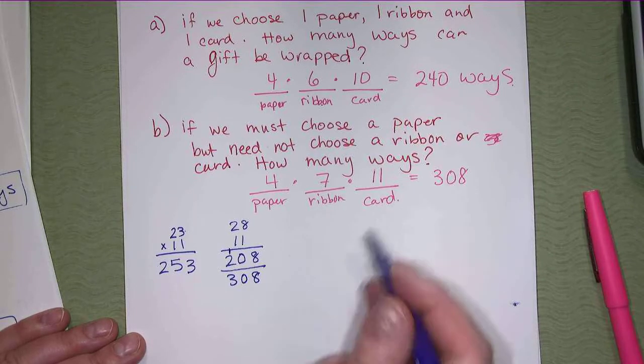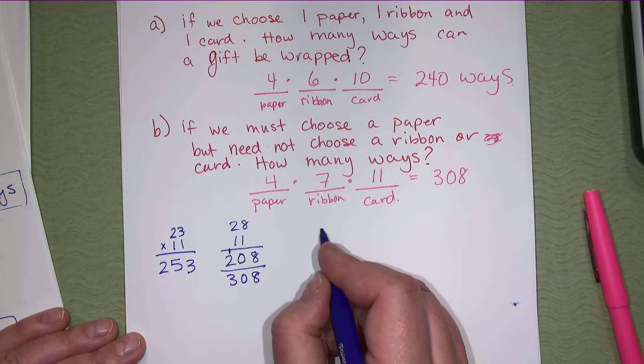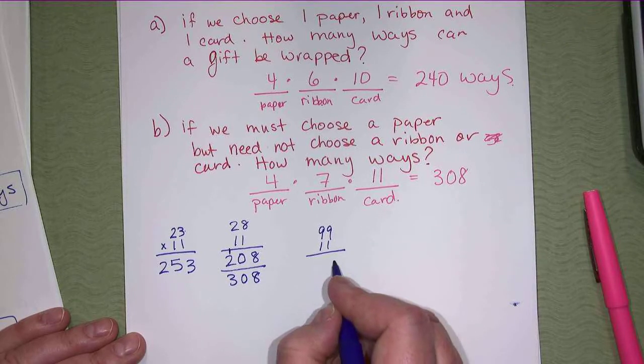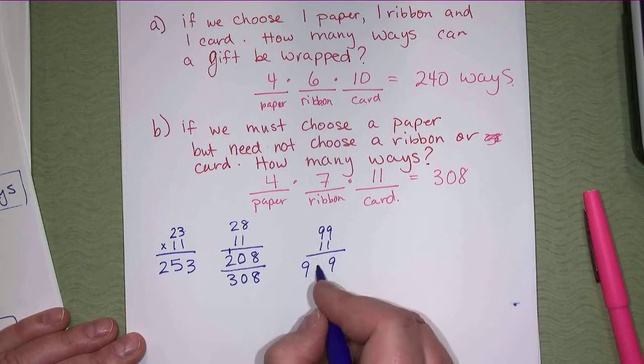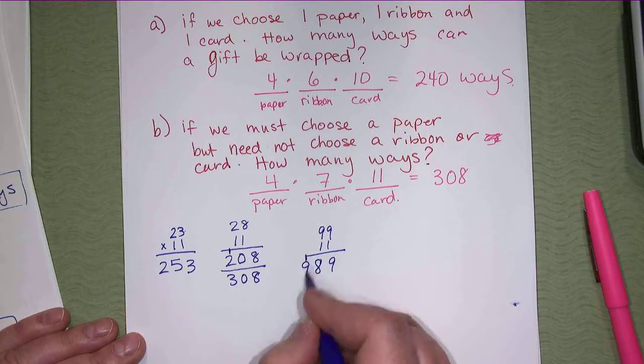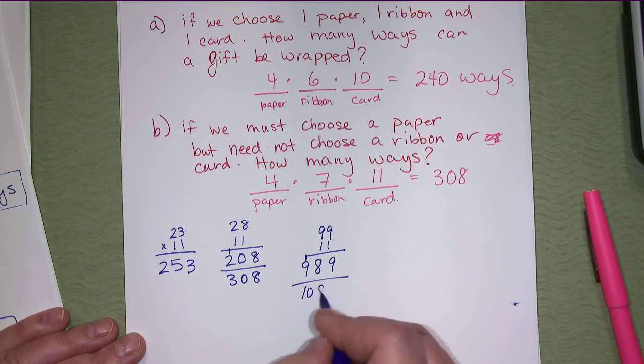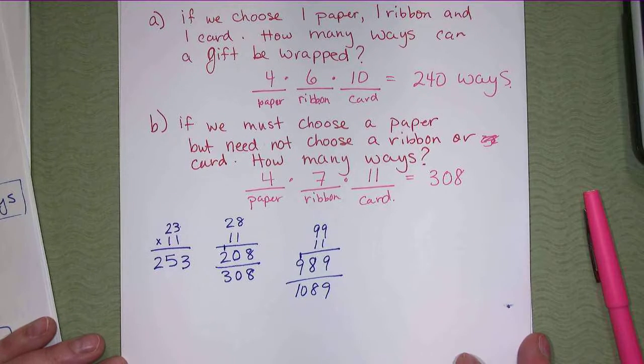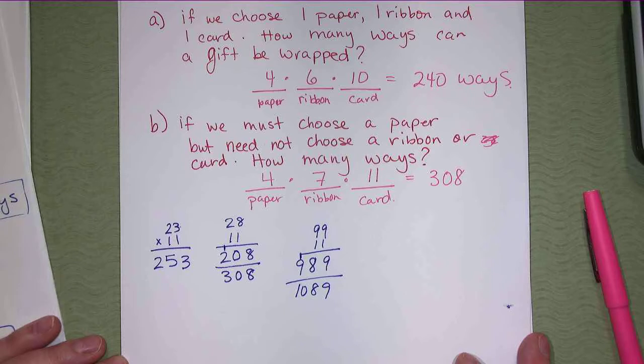So if we wanted like 99 times 11, it'd be 9 and 9. But if you add 9 and 9, it's 18. Pretty neat. So 2-digit numbers by 11 is actually pretty easy, even if you have to carry over.